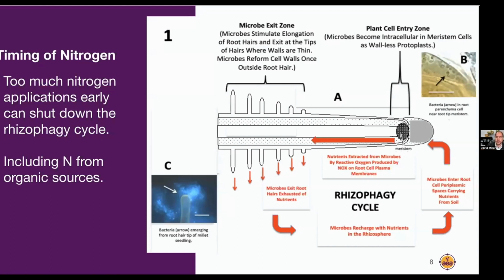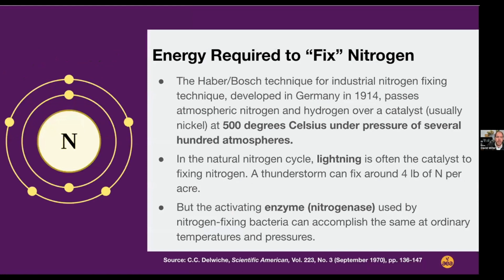to the whole system. So when nitrogen is fixed from the atmosphere in the factory so that you can then put it in your sprayer or broadcast it on your fields, there's a technique called the Haber-Bosch technique, developed in 1914, and then during World War II it became very widely used.